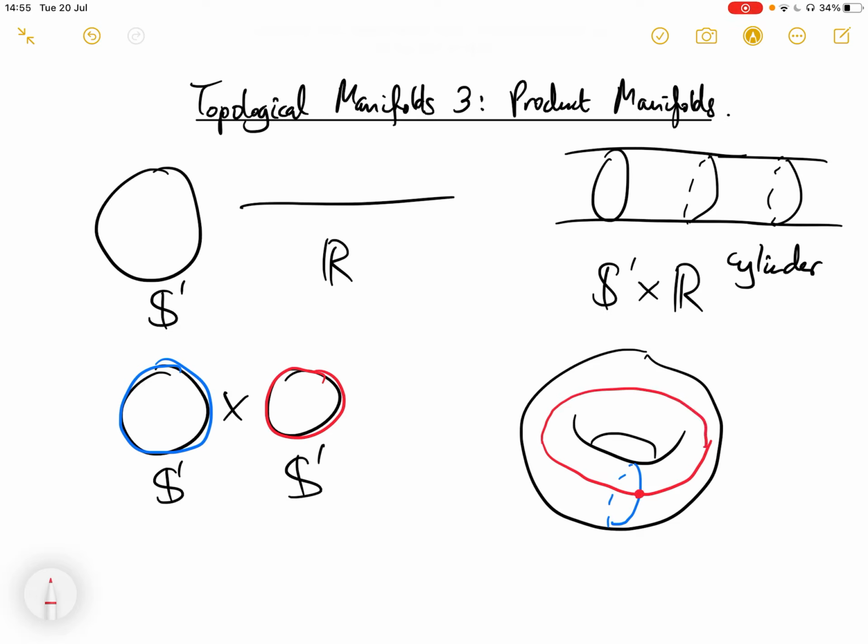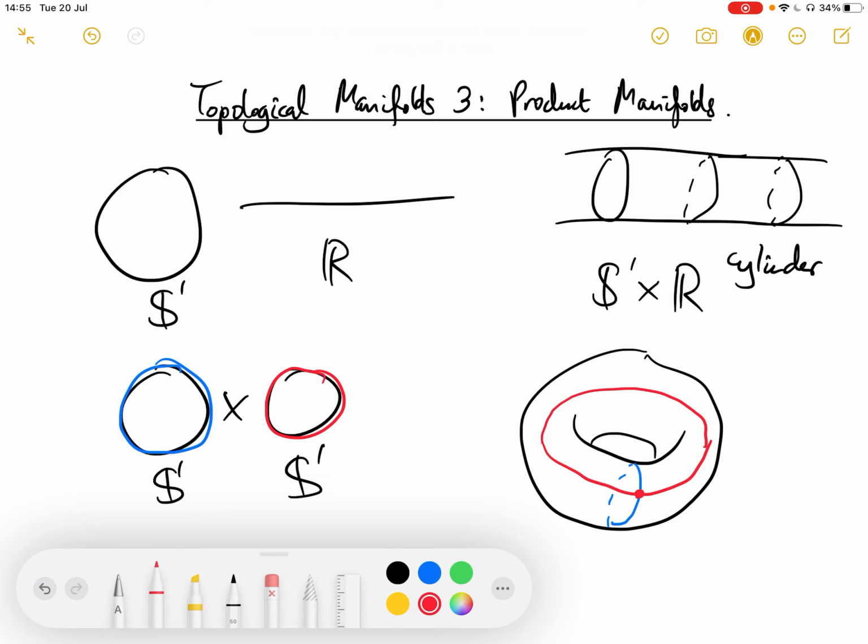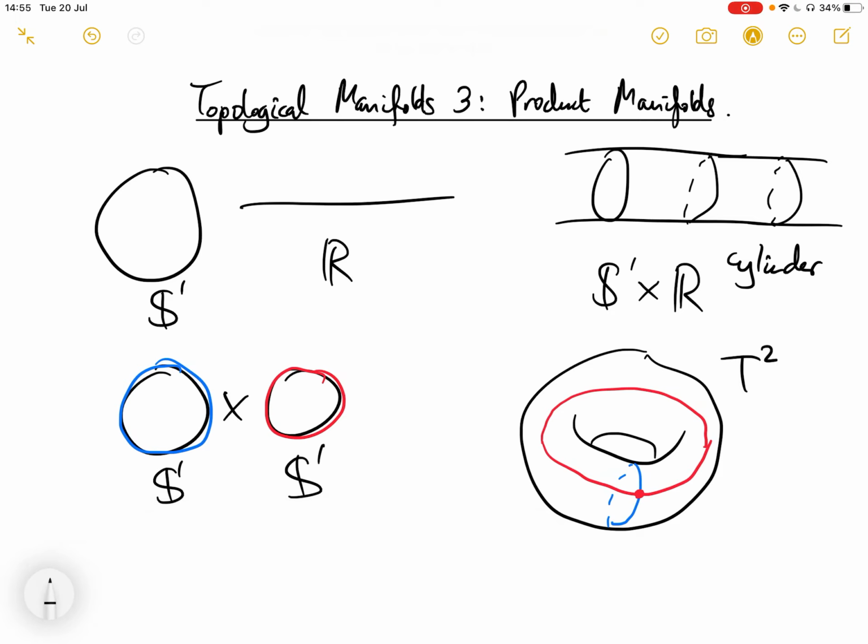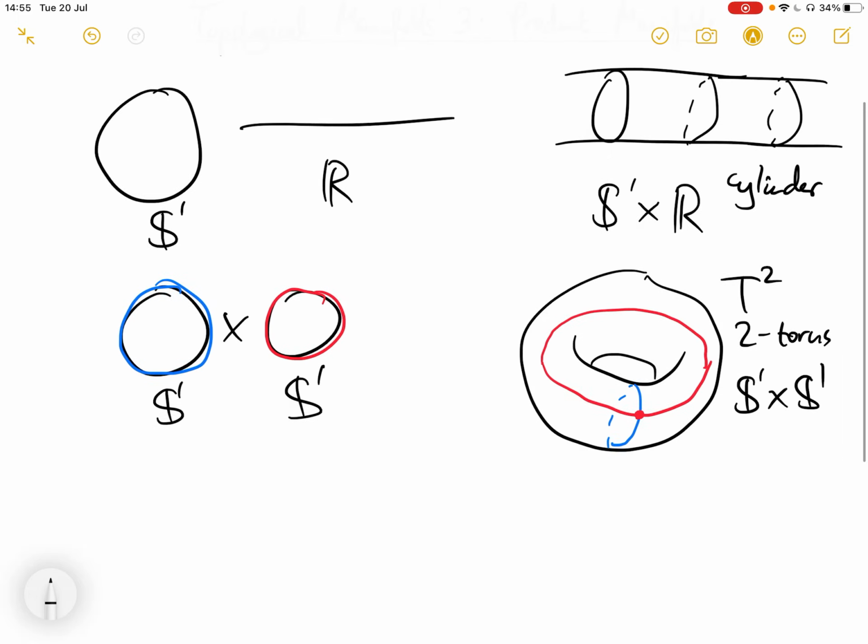And then any point on the torus is where one copy of this red circle meets one copy of this blue circle. So this is sometimes called T2. This is the 2 torus, and this is the product of S1 and S1.